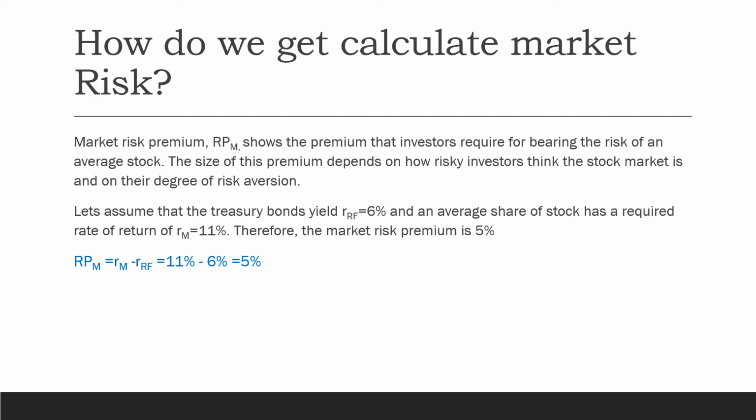And here's the equation. RP is the risk premium that is in the market. The required rate of return, RM, and RF, which is the risk-free rate of return.